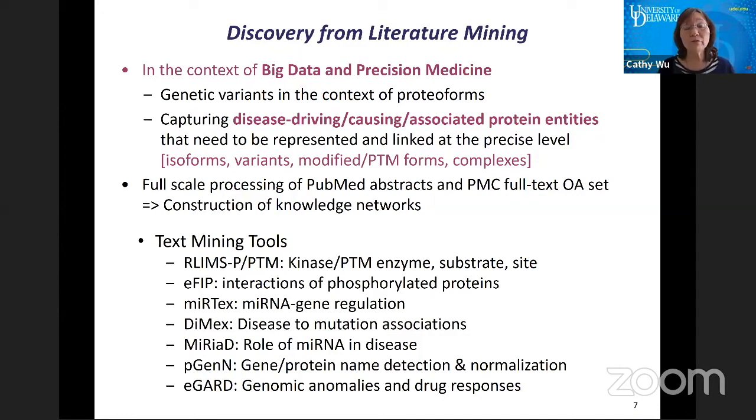So again, we are very interested in protein-protein interactions, not just at the gene level, but really at the modified protein level, because different interaction partners of different modified forms really lead to different biological processes and biological functions. And it's really important to capture all those different kinds of forms.